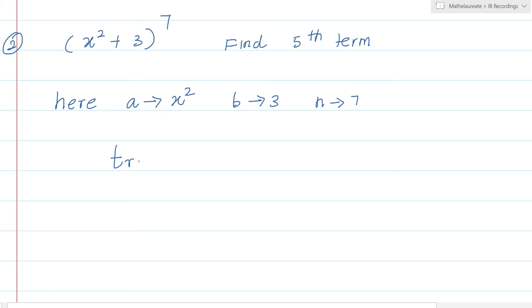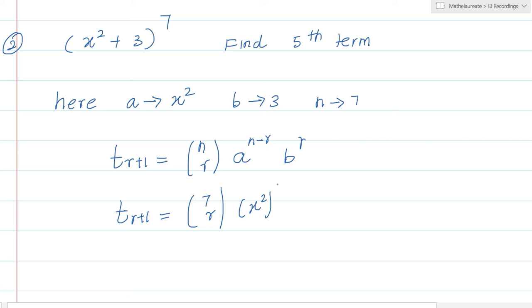Substitute these values carefully in the general term expression, T(r+1) is nCr a^(n−r) b^r. That is T(r+1) equal to 7Cr, x squared to the power of 7 minus r, and 3 to the power of r.